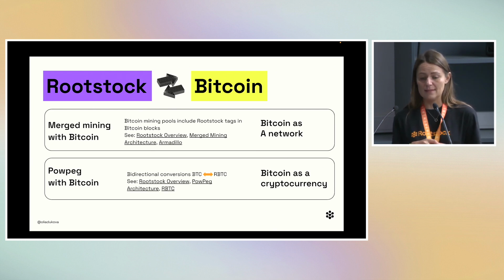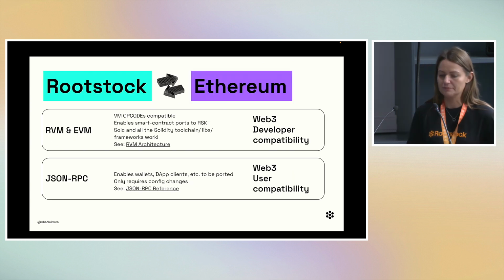Basically, it's a federation bridge secured by proof of work and HSMs. It provides bidirectional conversions between BTC and RBTC at a one-to-one exchange. Again, there's more information about it in the docs if you're interested in that kind of stuff.